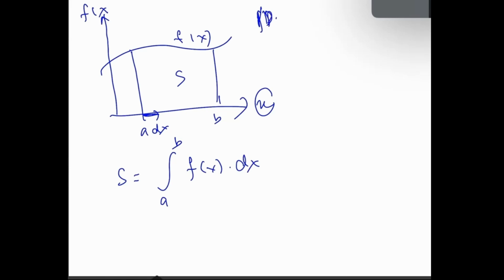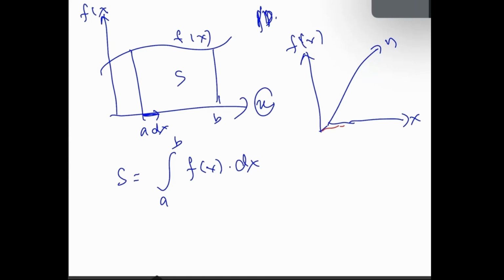Let's say for 2D, we have x axis and y axis. This one is our f(x), the equation along the x axis, and also along the y axis is f(y).